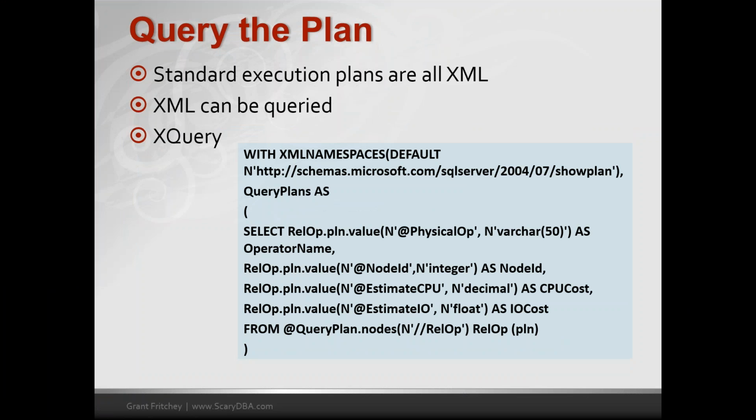So the query you see right in front of you there uses XML namespaces and then runs a query against the XML namespaces to pull the physical operator name, the node ID, the CPU and I/O for that node, and all the costs, and pulls it all together inside of a single query. Now you can run these any way you want to, pull together as much as you want to.